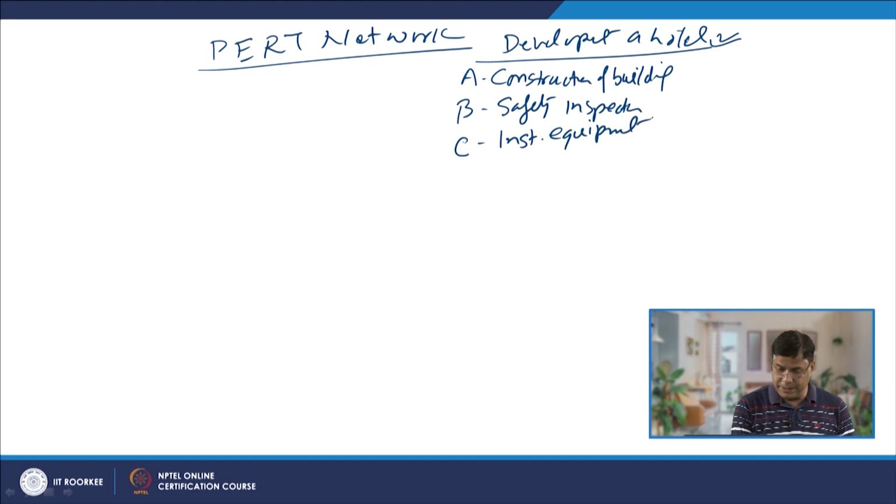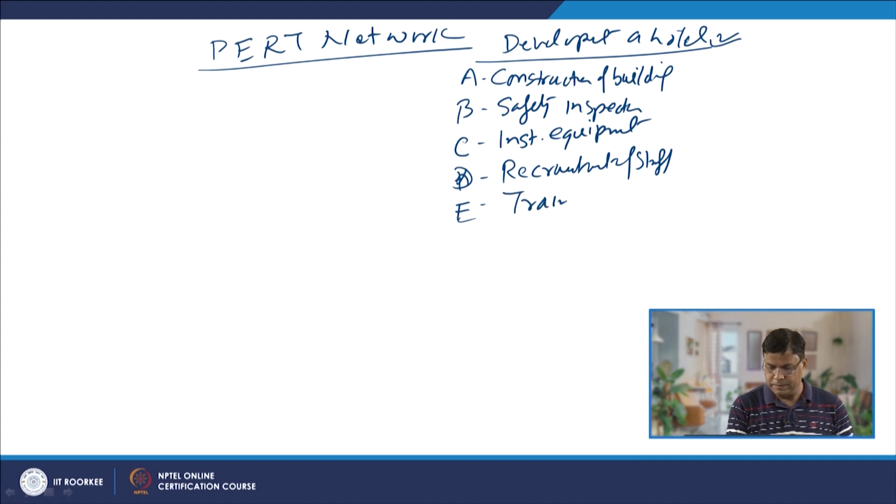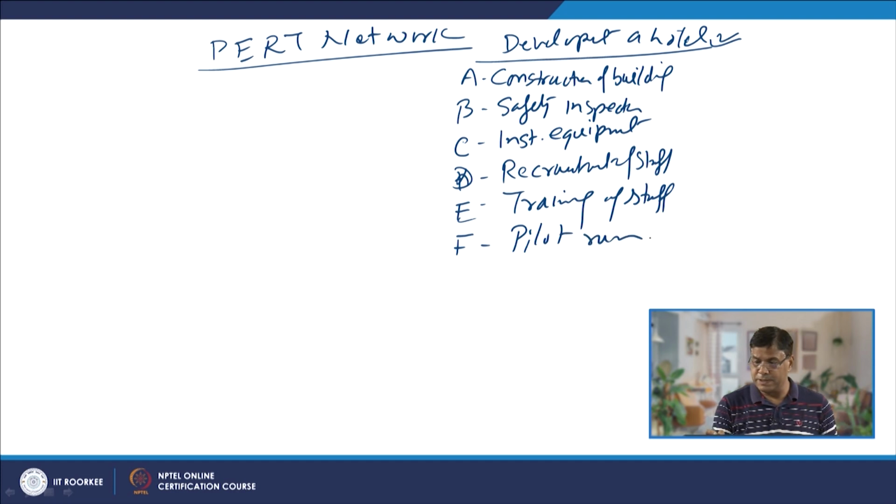Then activity D is the recruitment of staff. Then E is the training of staff, and F is the pilot run. These are the various activities that need to be performed.